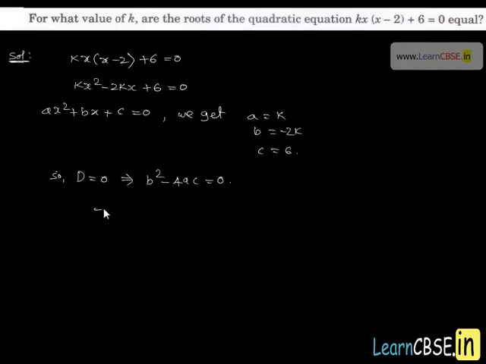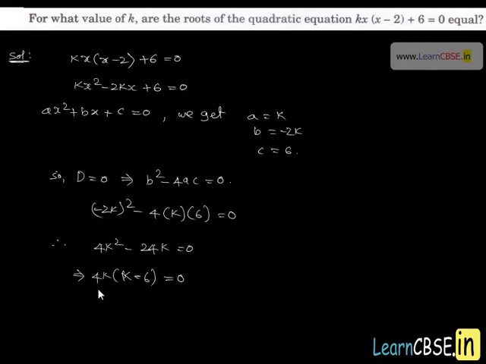We get (-2k) whole square minus 4 times a equals k and c is 6 equals 0. Therefore, we get 4k square minus 24k equals 0. Let us take 4k as a common factor. We get 4k times (k minus 6) equals 0.